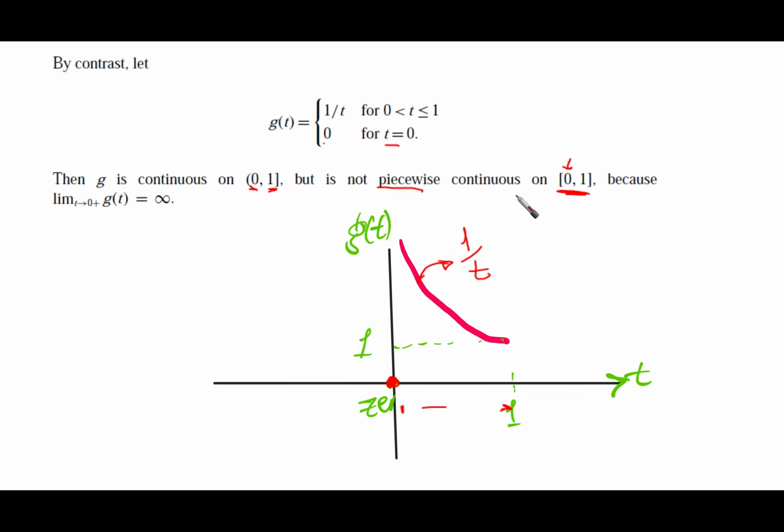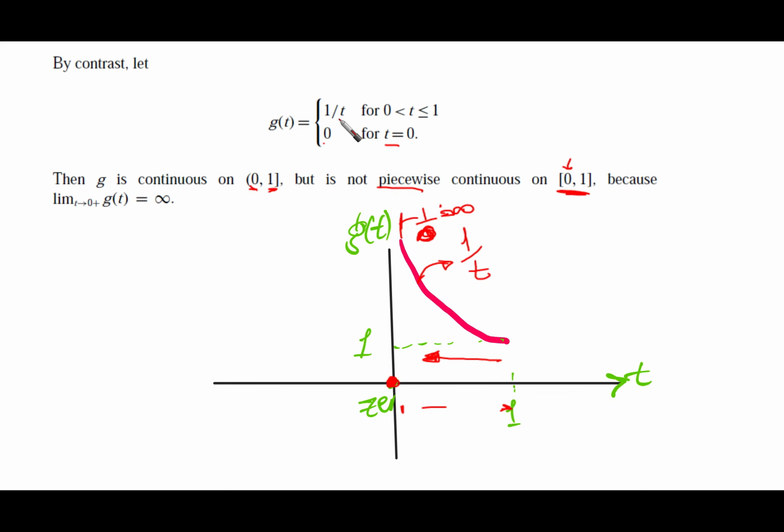Why? Because when we approach this function from the left, it will approach what? Yes, here, infinity. It will be 1 over 0, sorry. It will be infinity.